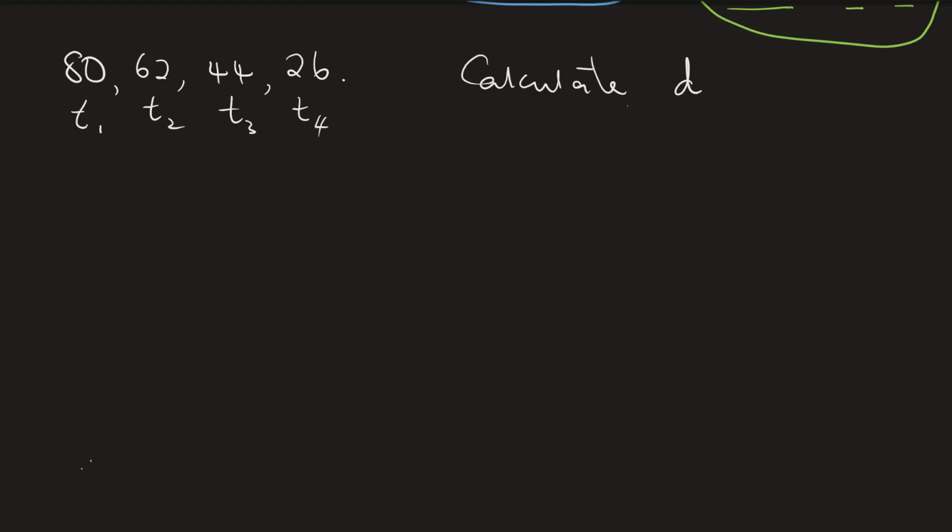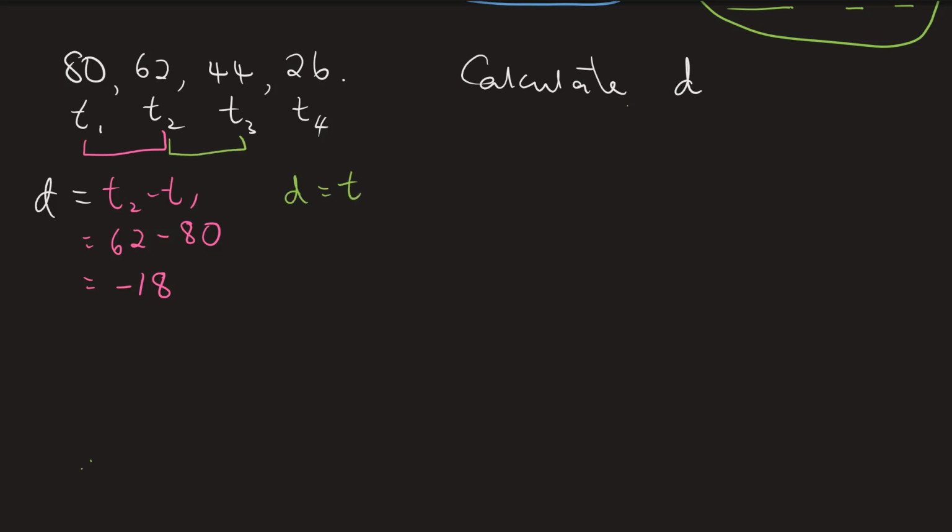So D is equal to, let's take these two terms. Remember, you always take the term and then you subtract the one before it. So this one is 62 minus 80, and my answer is negative 18. Right, let's try the next one.